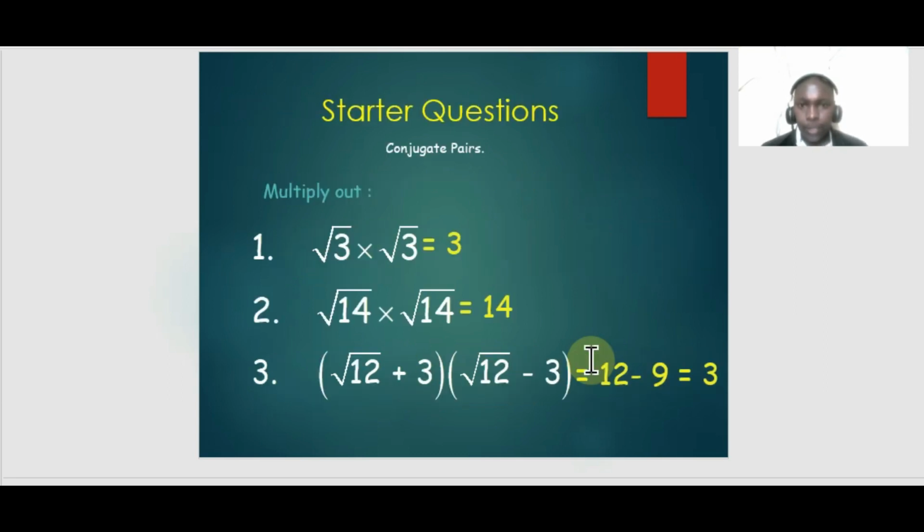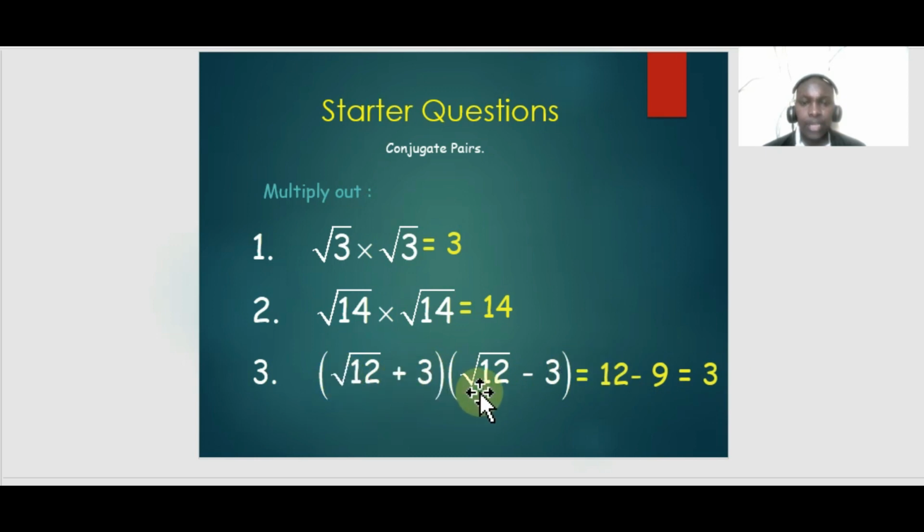Some questions again. Multiply out root of 3 times root of 3. Remember that one you've said root of a times root of a will give us a, so this one will give us 3. Root of 14 times root of 14 will give us 14. Then for this one, this is what you're going to use in our conjugate pairs. Root 12 plus 3 into brackets root 12 minus 3 will give us 12 minus 9, which is given as 3.